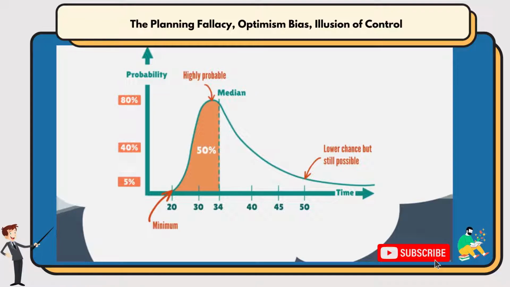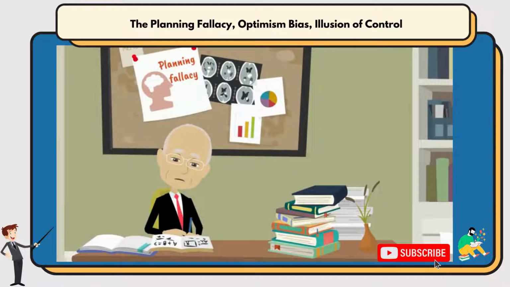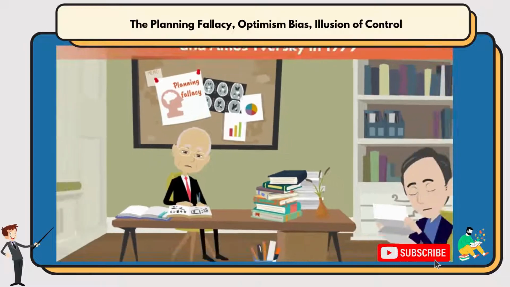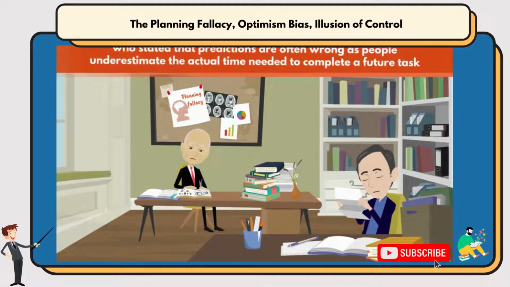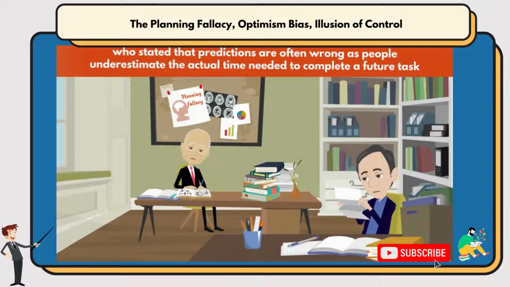Let's discuss. The planning fallacy is a phenomenon in human behavior discovered by Daniel Kahneman and Amos Tversky in 1979, who stated that predictions are often wrong as people underestimate the actual time needed to complete a future task. They believe things will work out well due to the optimism bias.